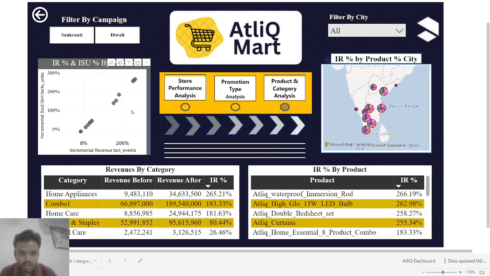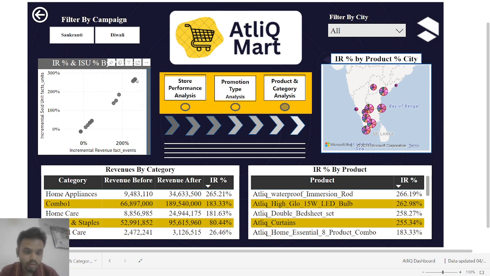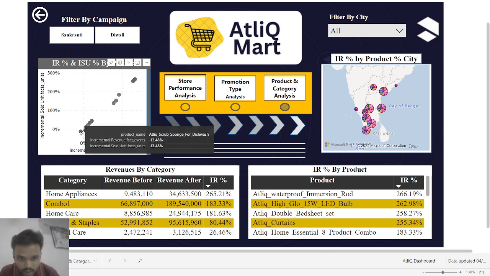Moving further, we can see the correlation between IR and ISU percentage by product. We can see that the AtliQ waterproof immersion rod, as previously shown many times, is at the top from both ends. In the last, we can see that AtliQ scrub points for dishwash consists of minus values in both terms.